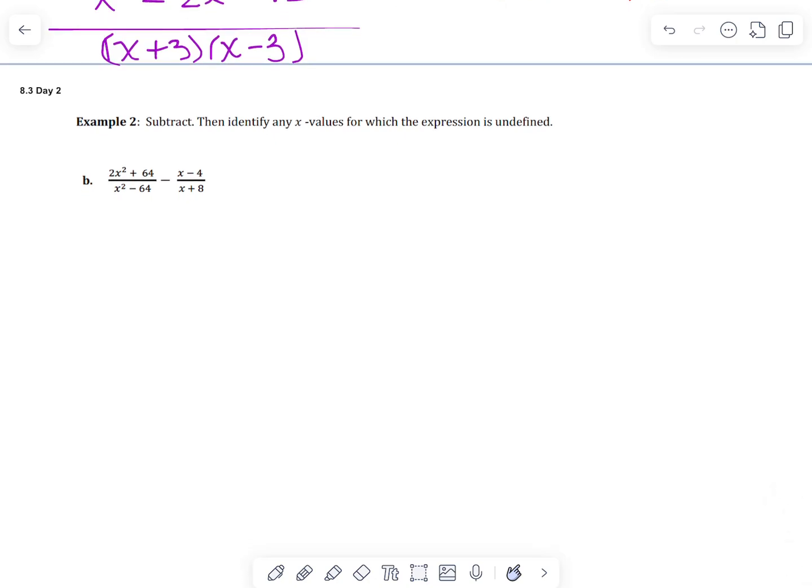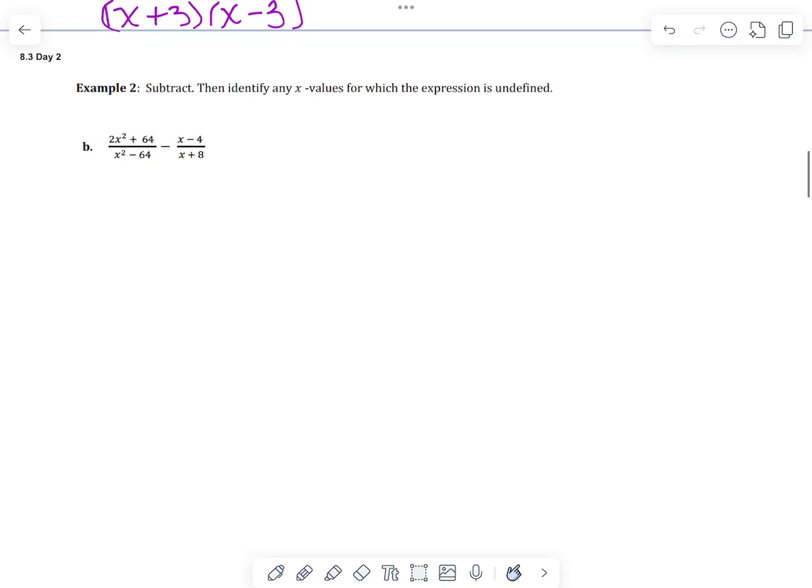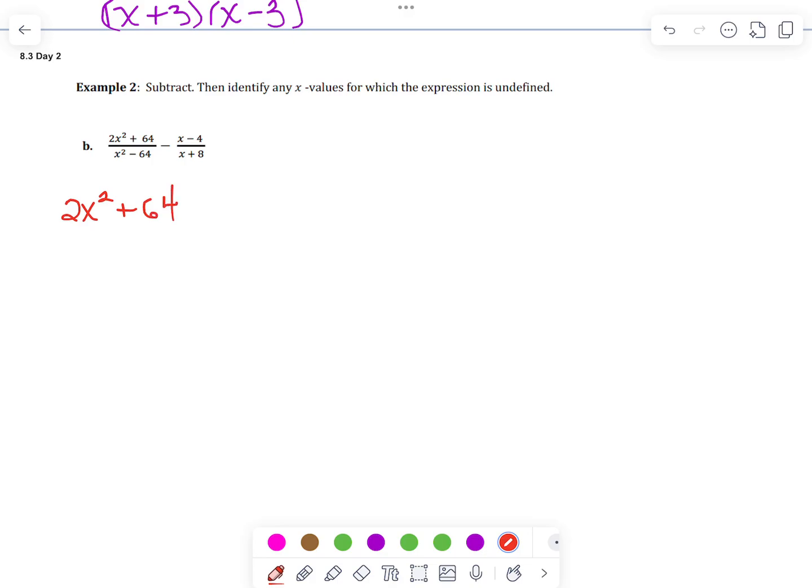All right. This example, just like the last one, does not have the same denominator. So we first factor. So we're going to use the difference of two squares. So we have x plus 8 times x minus 8.